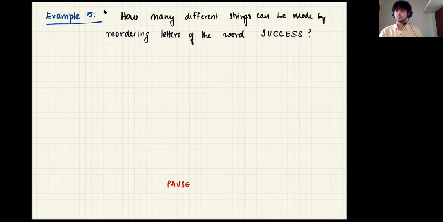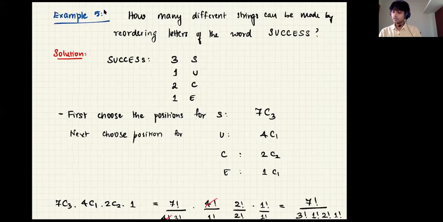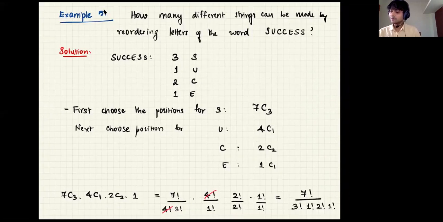Okay, so there are some correct answers. There are several ways of looking at the answer, but I'll just explain one possible way. First of all, look at the letters.